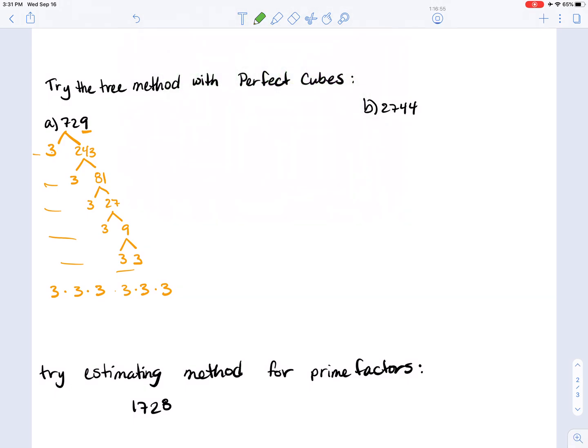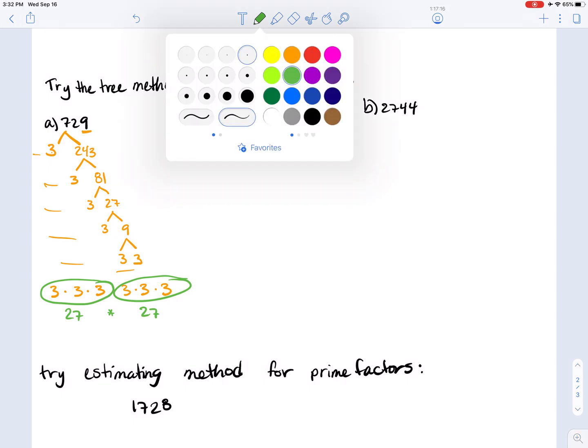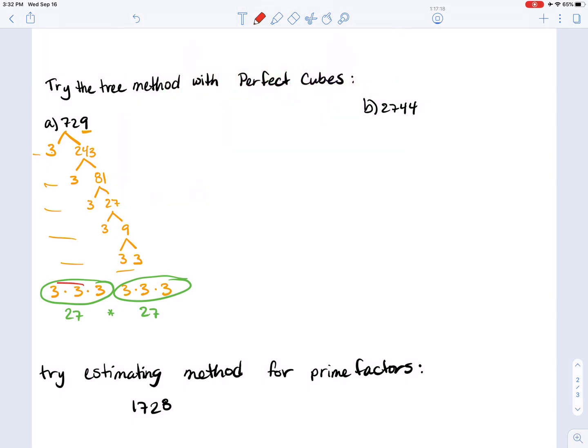So if I group these, I have a group of 3 and a group of 3. 3 times 3 times 3, that's 27 times 27. So that means I have squares, or because I'm looking for cubes, I'm going to group them in 2, 2, and 2.